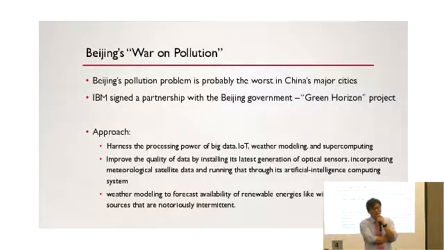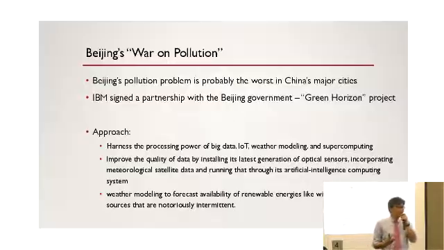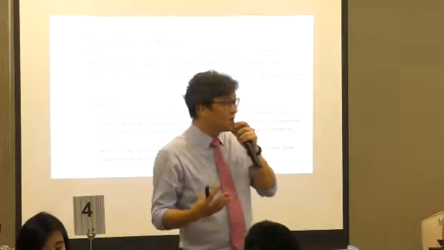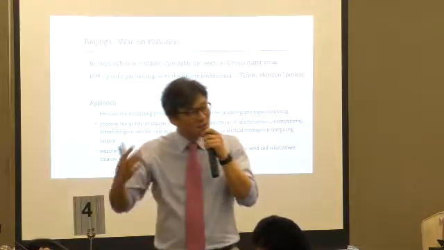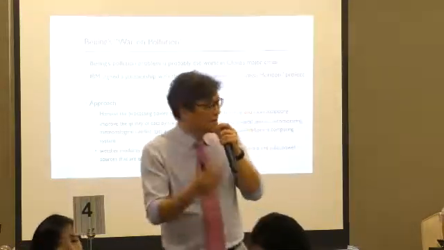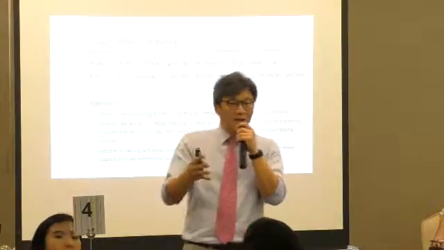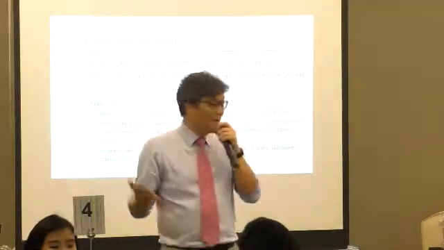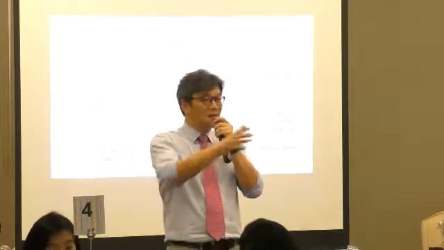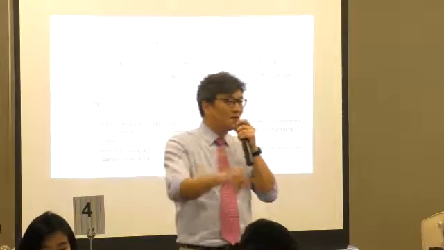So the Beijing city government has contacted IBM to lead its war on pollution. They're working on this Green Horizon project where IBM is equipped to use big data, Internet of Things, weather modeling technologies and supercomputing to really understand how the weather conditions, the meteorological models, tell us when and where the pollution is going to happen, and so to predict different aspects of pollution forecasting.